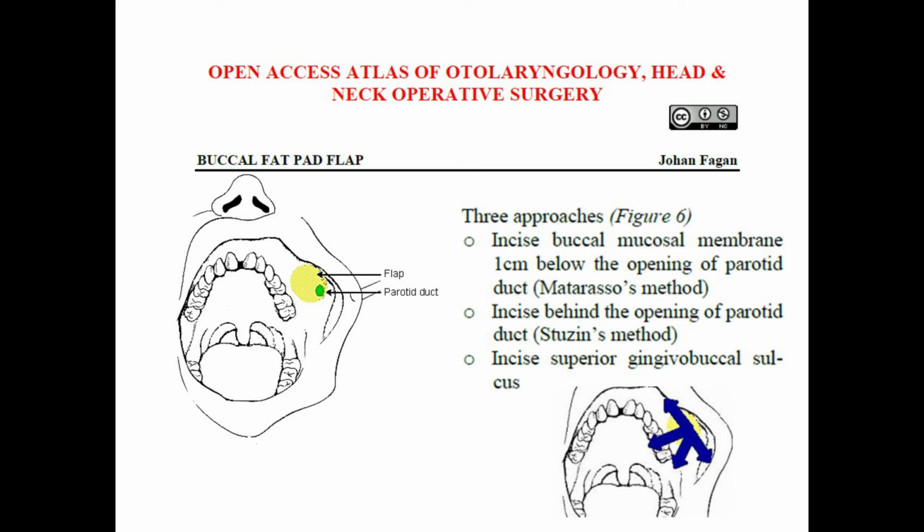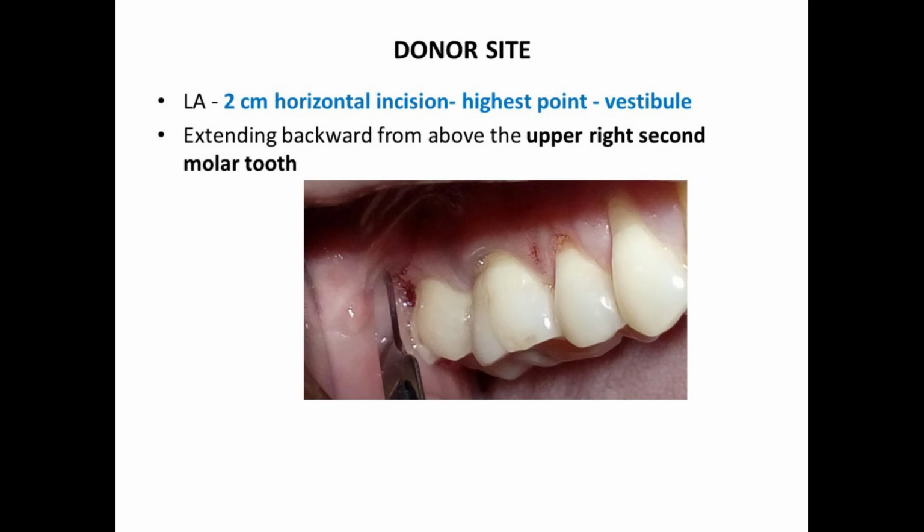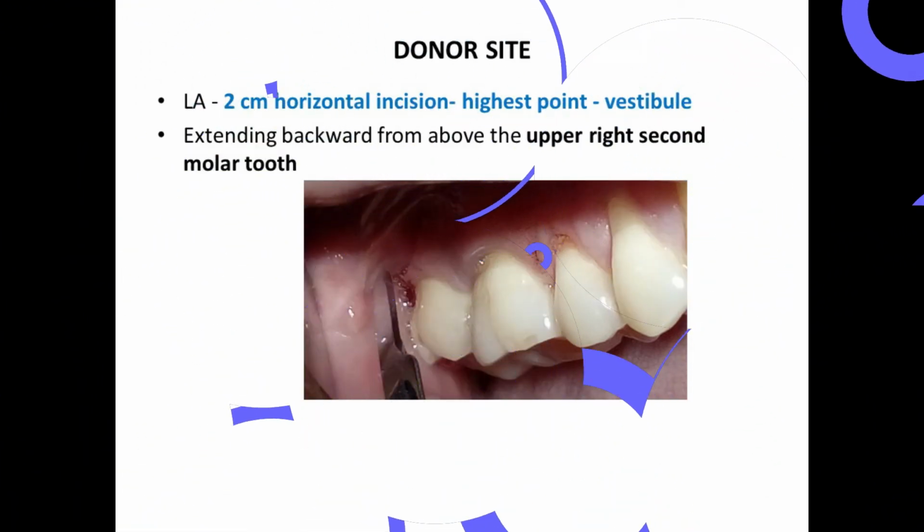These are the 3 approaches. We selected the last approach. We proceeded with a 2 centimeter horizontal incision at the highest point of the vestibule, extending backwards above the upper right second molar region.